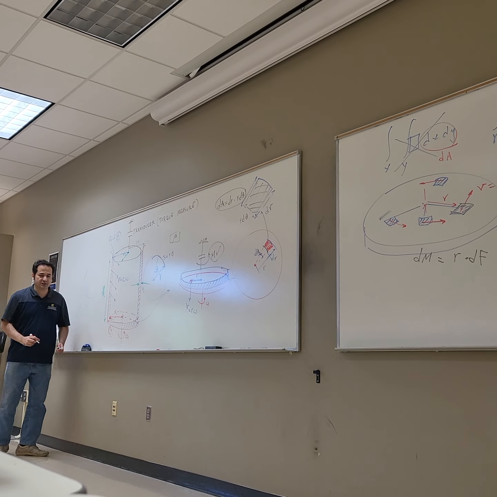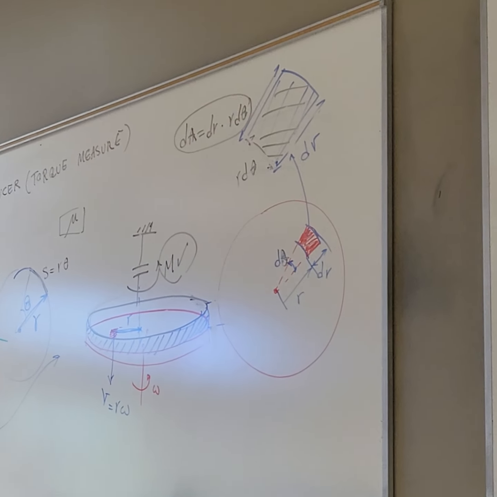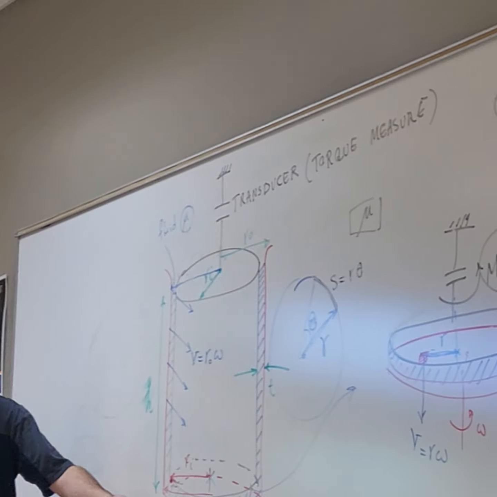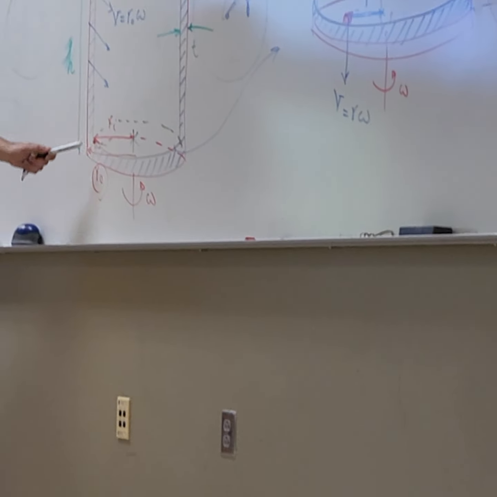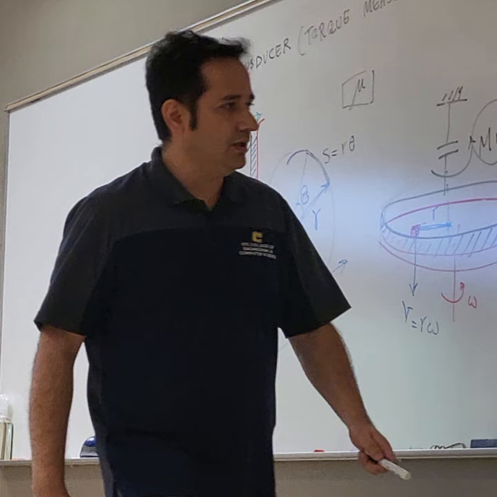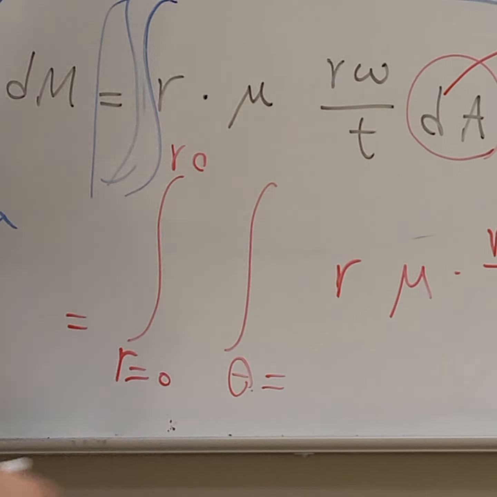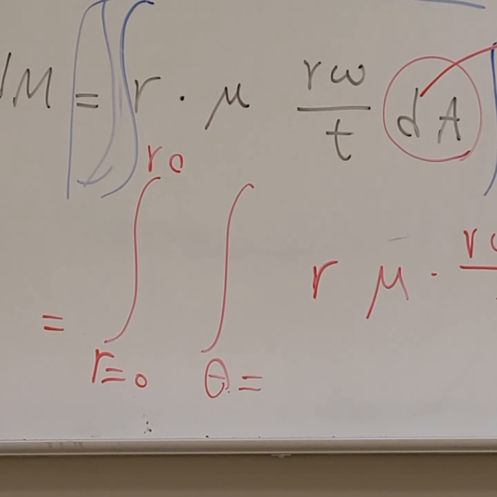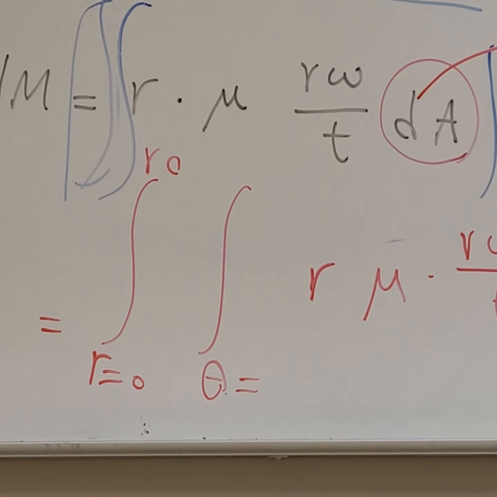You can't precisely say whether it's going to be Ri or Ro if they are very close to each other, but the cylinder that is rotating is the Ro, so that's the reason I use Ro. So R goes from 0 to Ro. And theta goes from where to where? Theta goes from 0 to 2 pi.